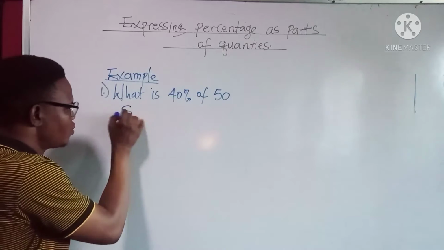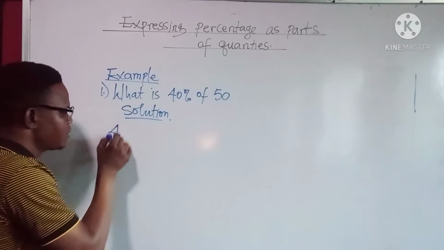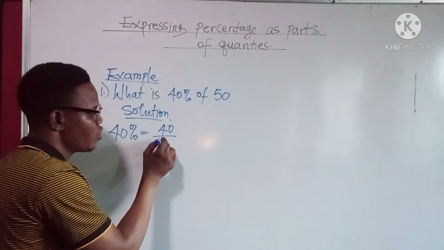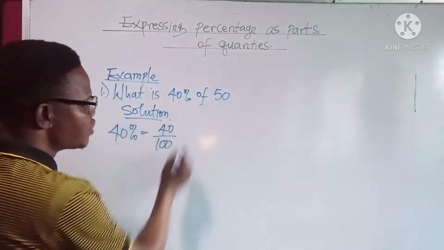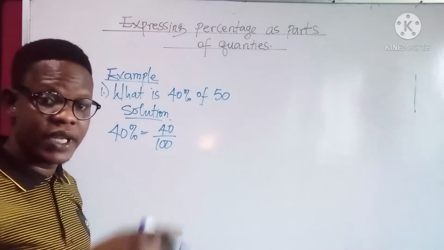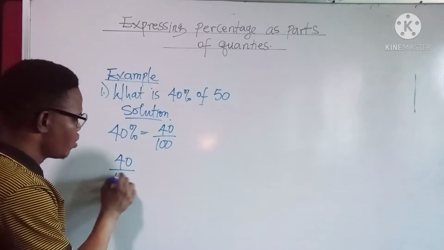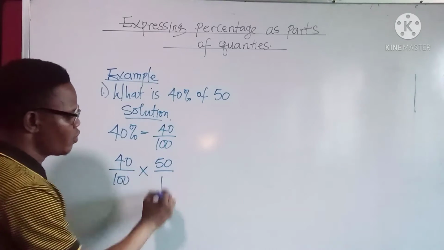So let's look at the solution. 40% simply means 40 over 100. Don't forget that. Of means multiplication, isn't it? So that is 40 over 100 of 50 over 1.